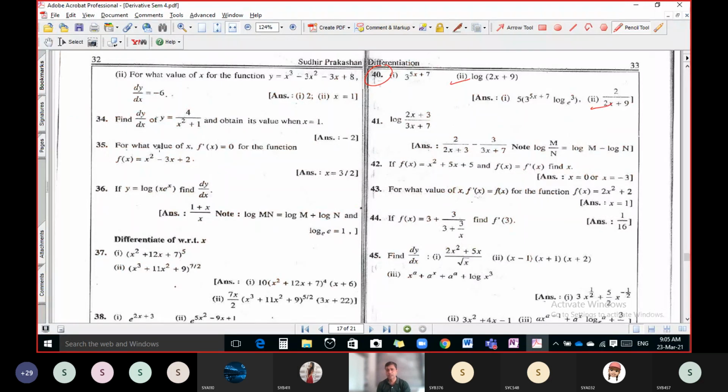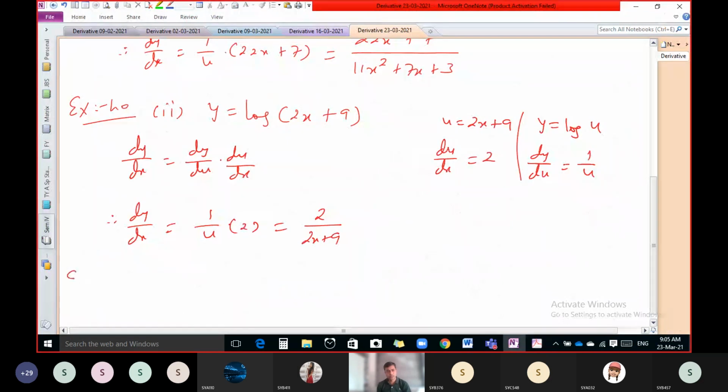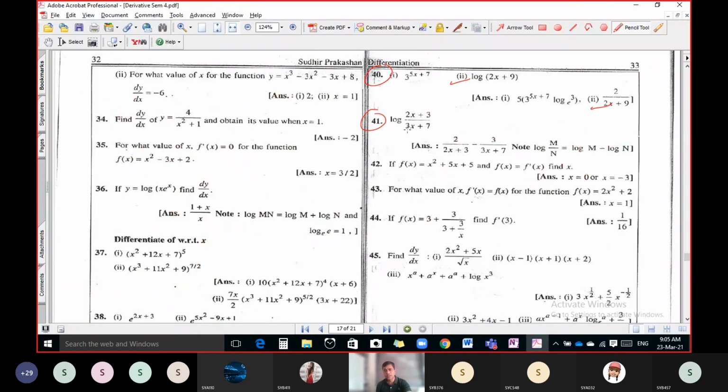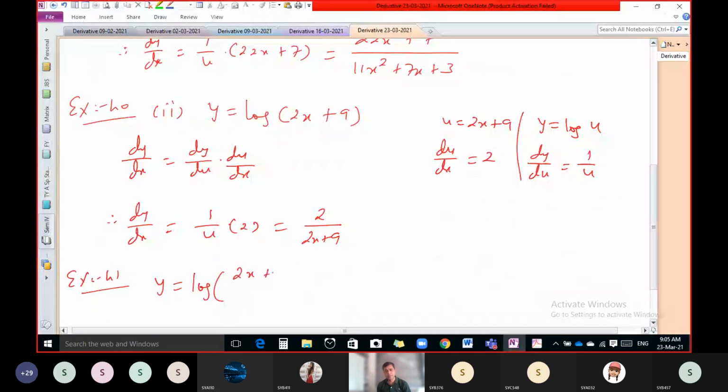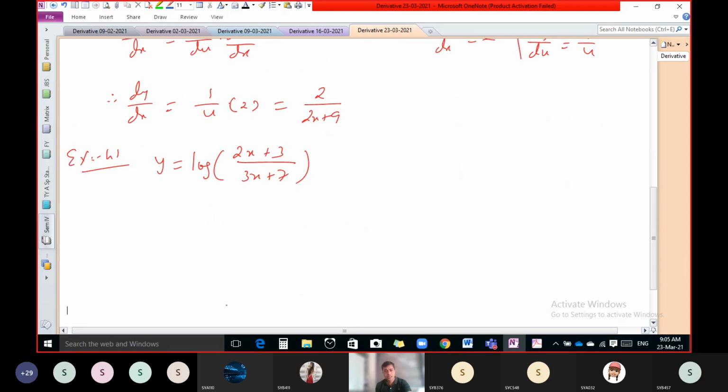It's very simple. Let us do question number 41. Y equal to log of the bracket 2x plus 3 upon 3x plus 7. Now for this particular function, don't consider this as u, but instead use this particular rule for log m upon n.